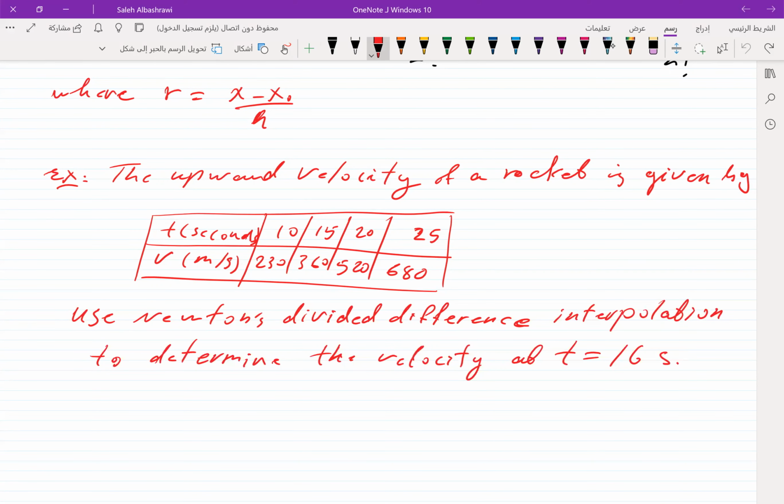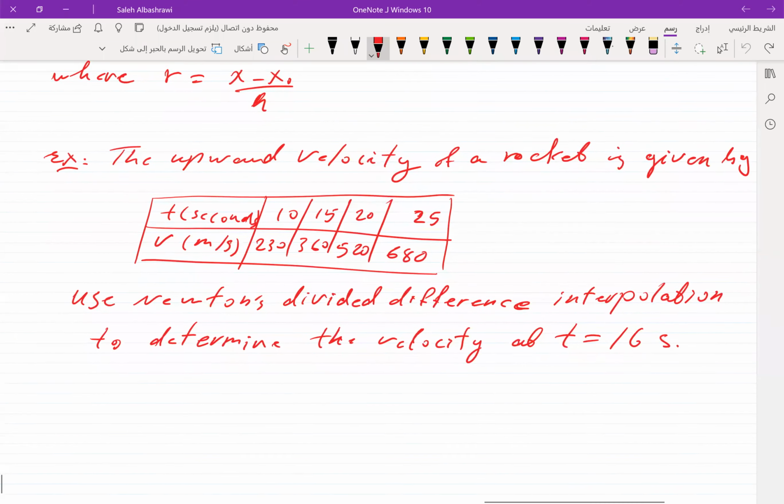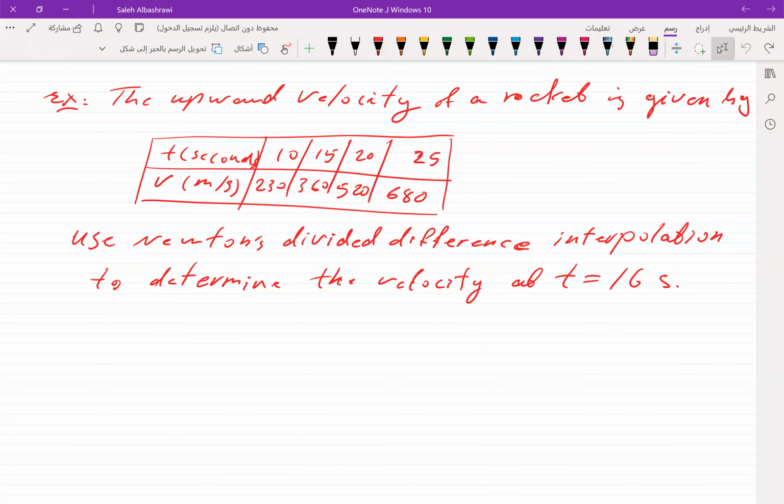Okay, we need to apply the Newton divided difference. I can use the general form of the Newton divided difference, or I can use the new one if we have equally spaced values. In this example, we have equally spaced values: from 10 to 15 is 5, 5, and 5. So all I need is just to apply the new formula for the case that we have equally spaced values.